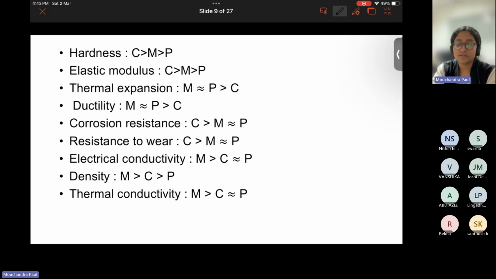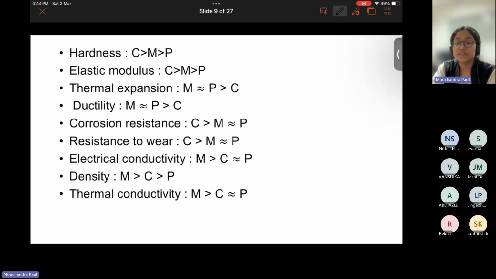Then ductility, I have already explained that when you apply some tension, the material can deform into thin wires without fracture. That is ductility. Then corrosion resistance, I have already explained.